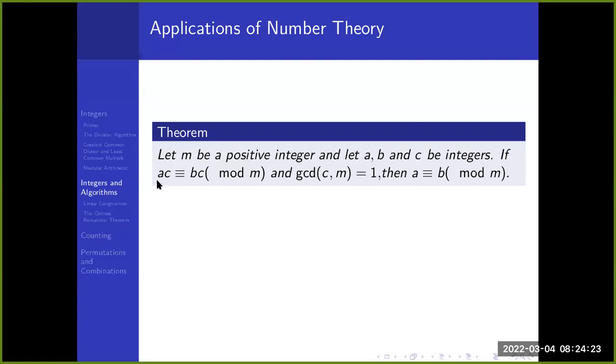If AC is congruent to BC modulo m, and the GCD of C and M is 1, then it's possible to divide both sides by C, and you'll get A is congruent to B modulo M. So that works if C and M are relatively prime.